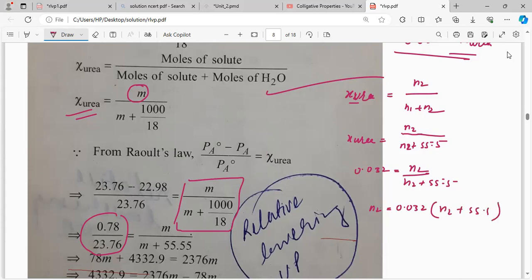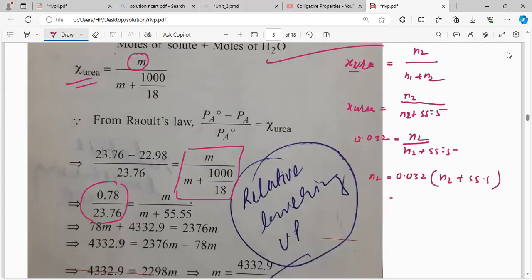If you solve, 0.032 N2 plus 55.5 multiplied by 0.032 comes to 1.821, and this is N2.